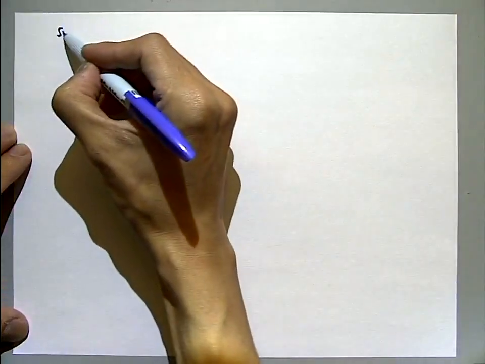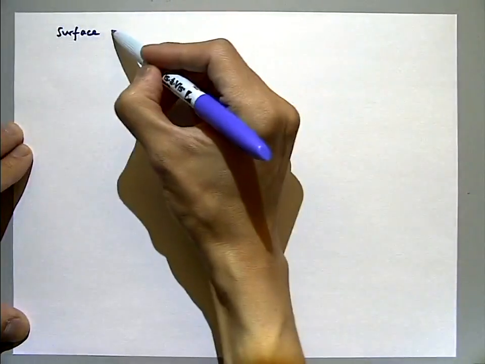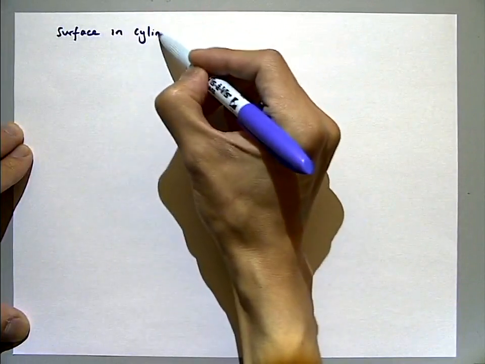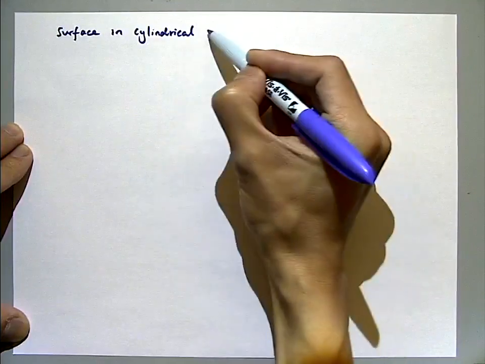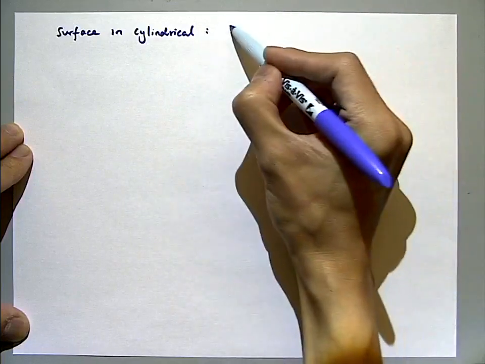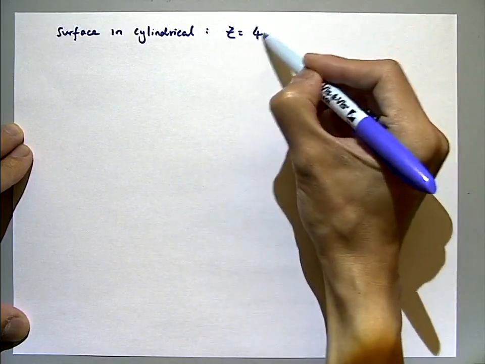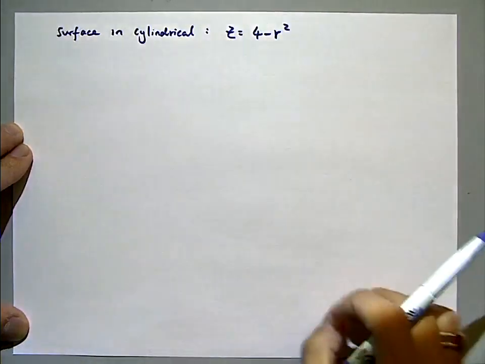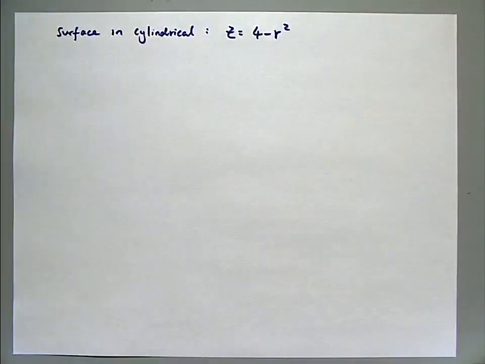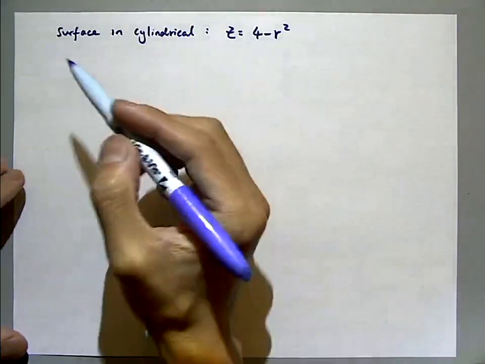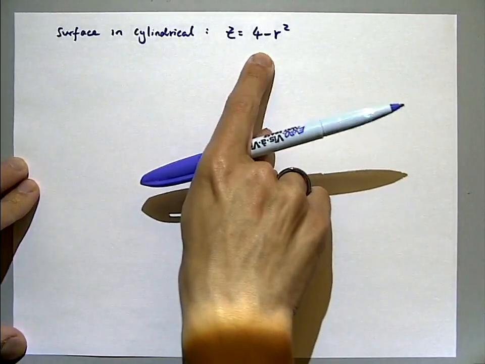Let's look at some of the surfaces describing a cylindrical system. Suppose we have a surface z is equal to 4 minus r squared. And let's try to find out what this thing looks like.